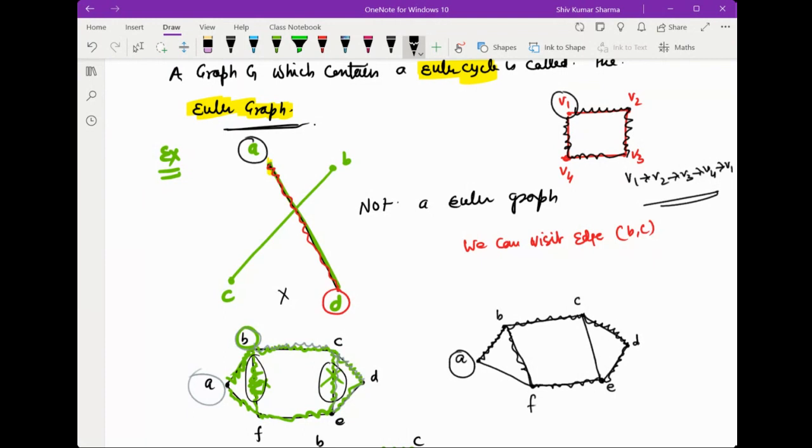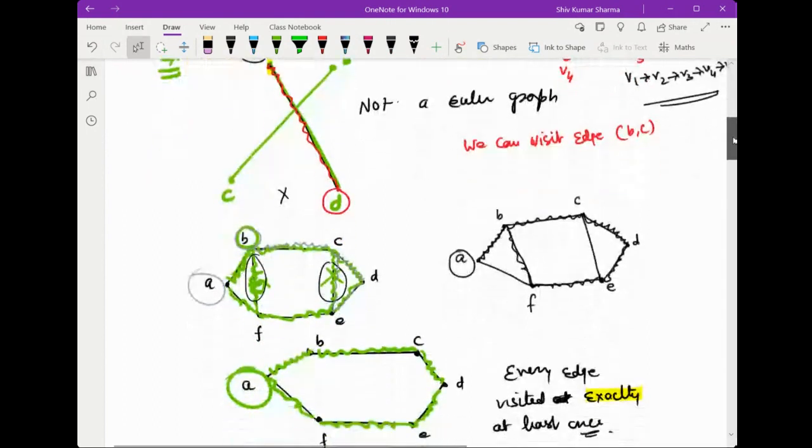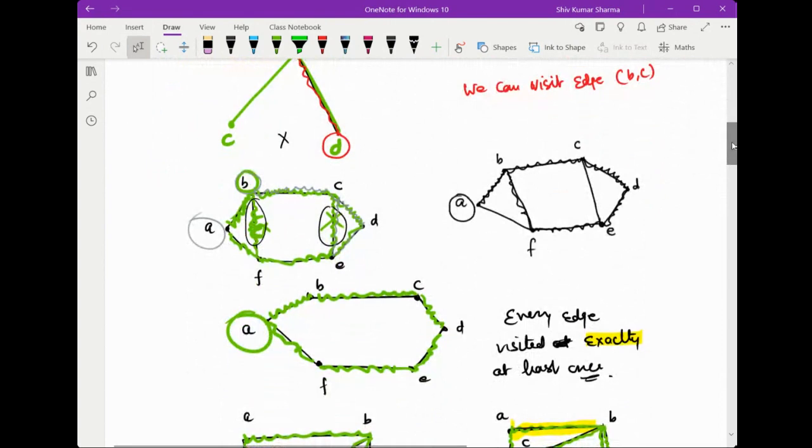Now we have to check all the possibilities, as many possibilities as are available for checking whether the graph is Eulerian or not. See this example, the same problem.